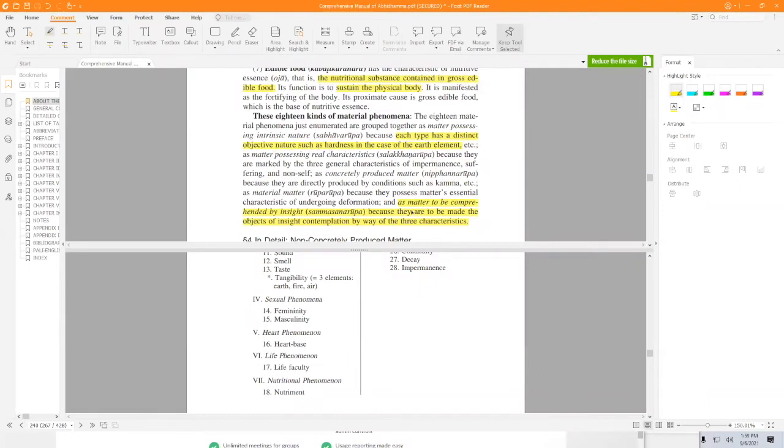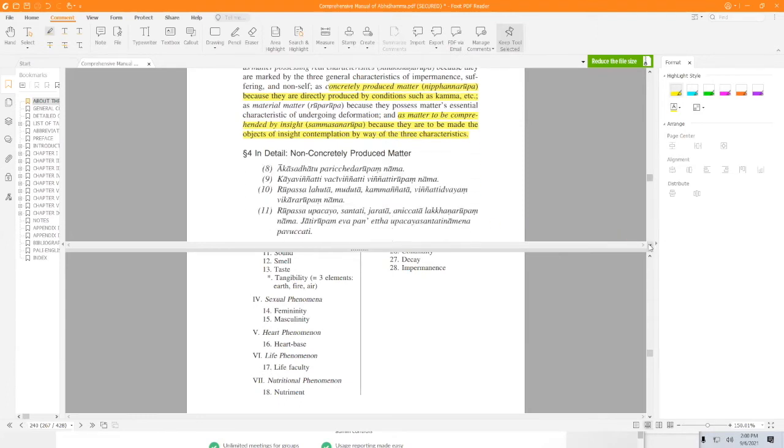It's called concretely produced matter because these types are produced by such conditions as karma. And this is the matter to be comprehended by insight. So in the process of insight meditation, one is to investigate these types of matter and perceive them by way of the three characteristics.